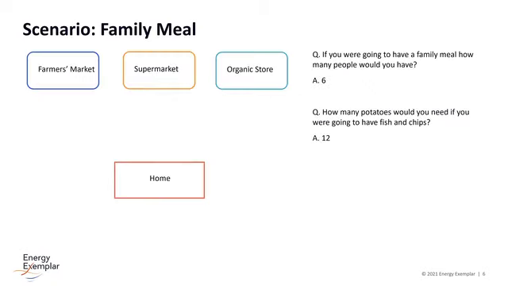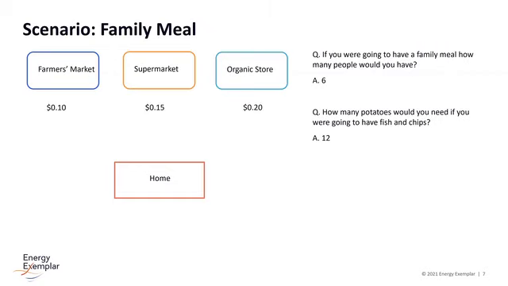Now let's say that you're next to 3 different stores. In this case, we've got a farmer's market, supermarket, and organic store. And what we need to do is go buy those potatoes from those stores. The assumption here is that they are all the same distance away from you, and in fact, they're next door to each other.